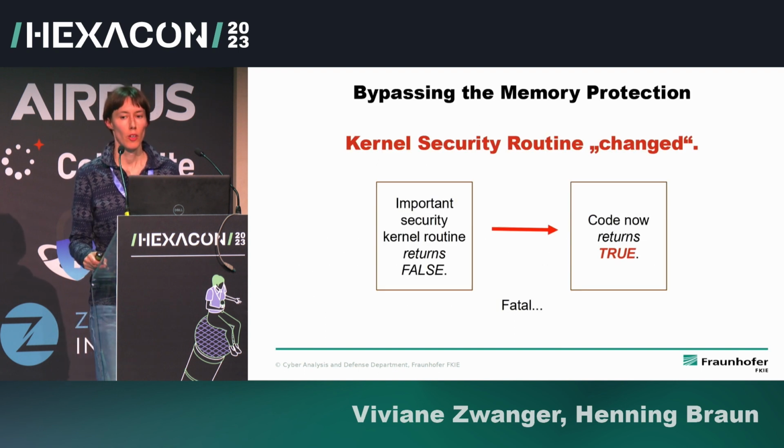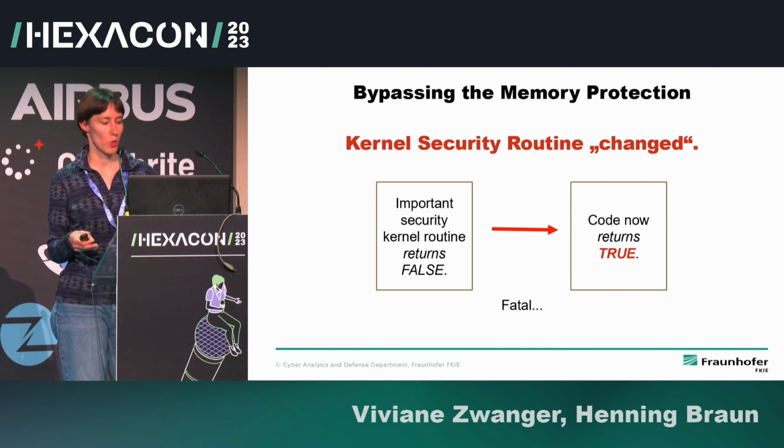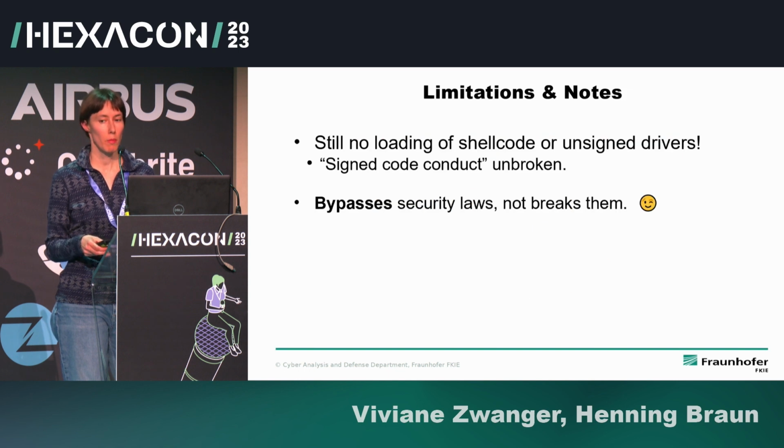You can also replace kernel mode routines or change their behavior in multiple ways and make some important security kernel routine that formerly returned false return true, for example. However, your means are still limited to some degree, so let's get to the end.